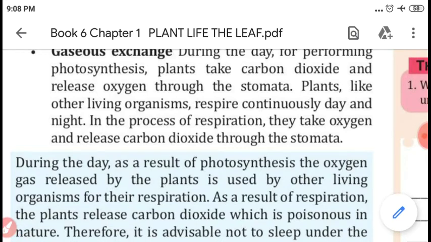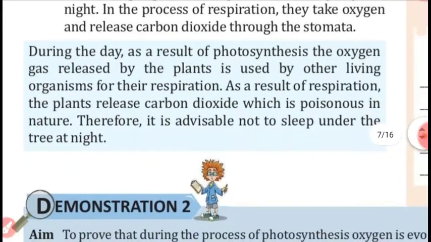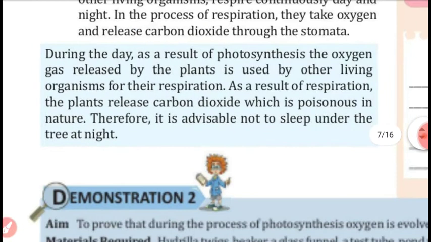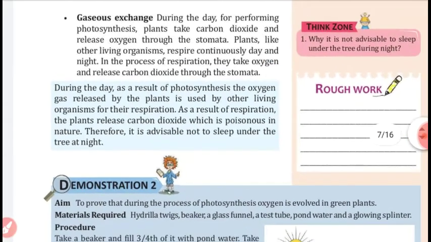In the process of respiration, plants take oxygen and release carbon dioxide. During the day, as a result of photosynthesis, the oxygen gas released by the plant is used by other living organisms. As a result of respiration, the plants release carbon dioxide, which is very poisonous, and that is why it is advisable that we should not sleep under a tree at night.